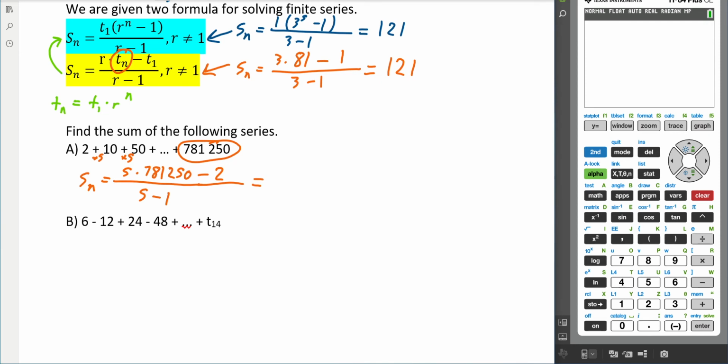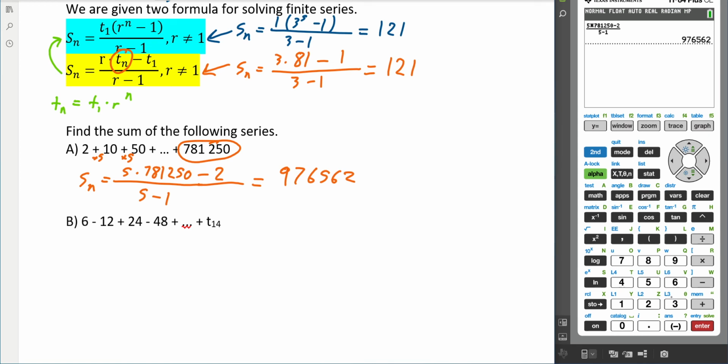So here we have, let's plug it in our calculator, so 5 times 781,250 minus 2, over 5 minus 1, and yeah, it fits, perfect. All right, so we have a pretty big number here, almost 1 million.